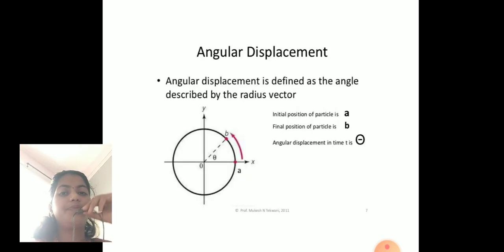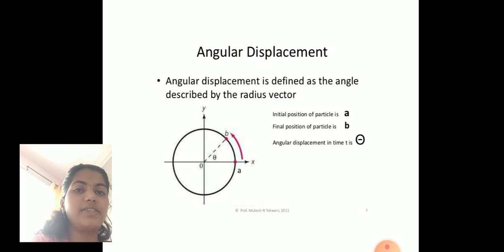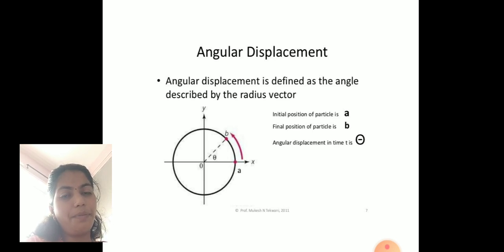Angular displacement. We know that angular displacement is defined as the angle described by the radius vector. It means that angular displacement is the displacement of a body on a circular path. This path is measured from the center of the circle, joining the center and a point present on the circle.